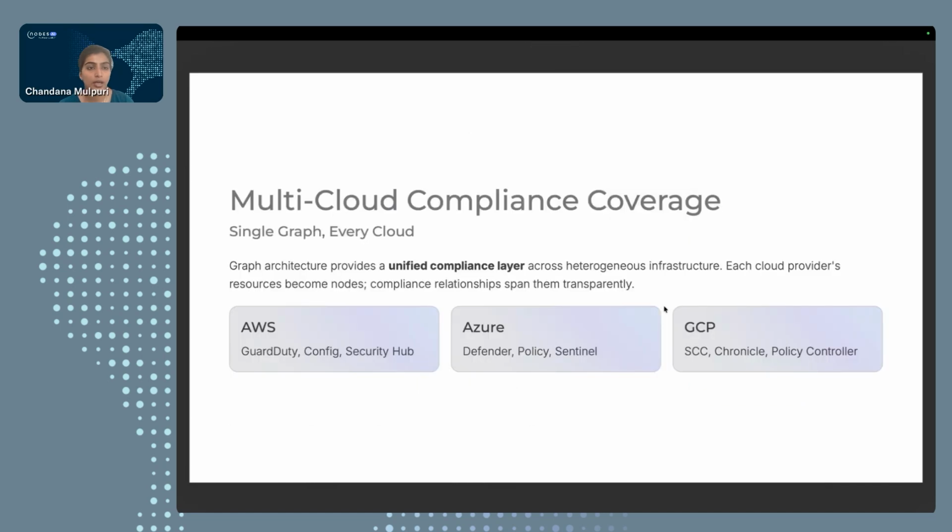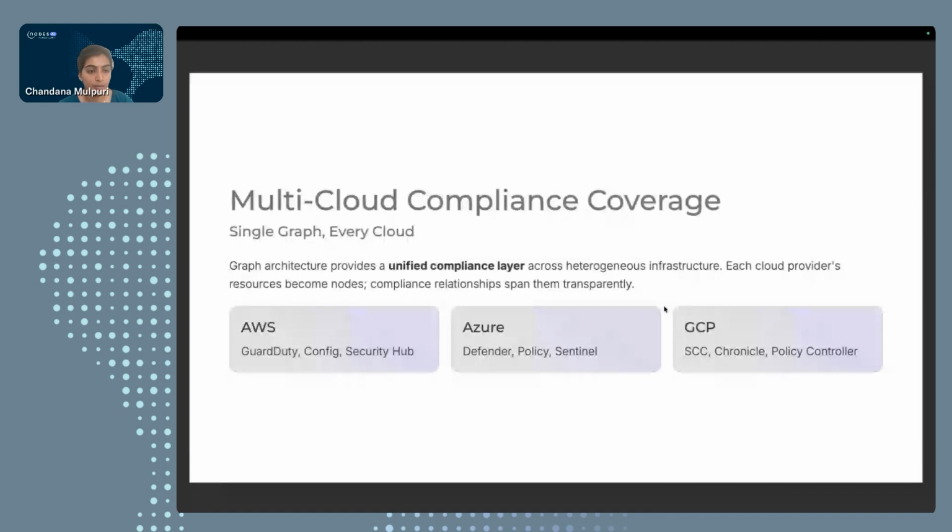Coming to multi-cloud compliance coverage, a single graph for every cloud. This helps the leadership, the teams, as well as anyone understand better the compliance across the whole environment. Graph architecture provides a unified compliance layer across heterogeneous infrastructure. Each cloud provider's resources become nodes, and compliance relationships span them transparently.